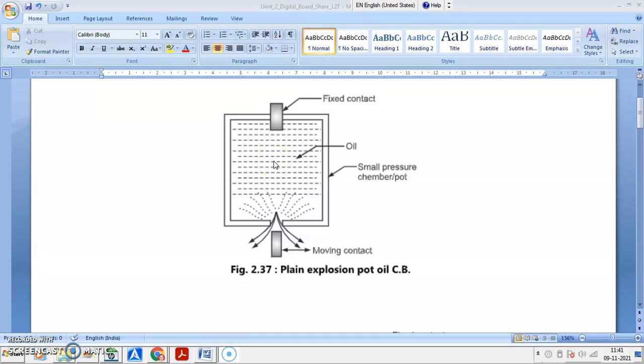The gas is enclosed in the closed chamber, that is the arc explosion pot. So high pressure is developed in the closed chamber.